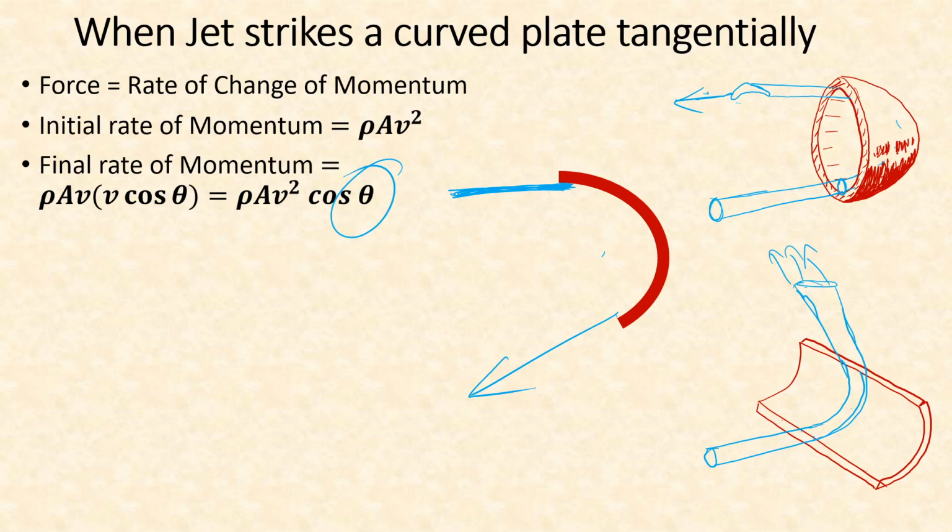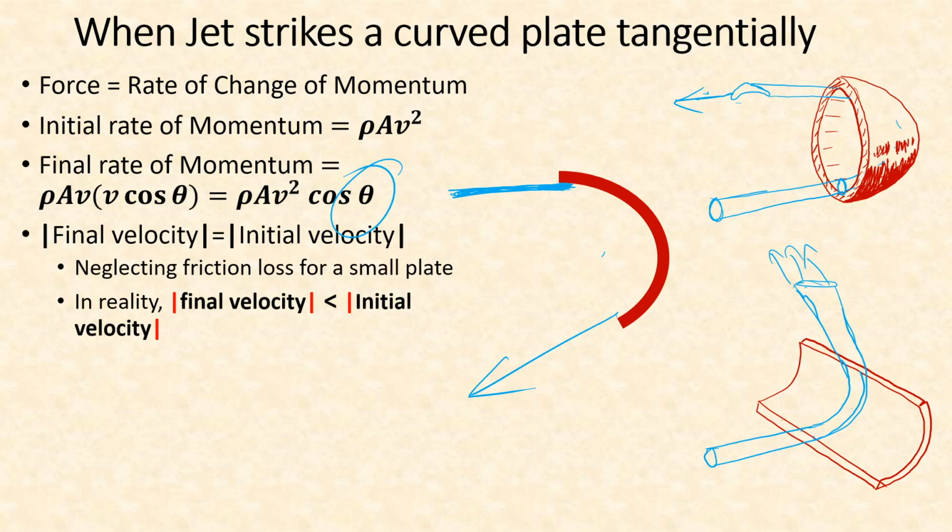So the final velocity and initial velocity are the same. That's the assumption. That means along this surface we have not considered any friction, and therefore the speed will be the same when it leaves this surface.